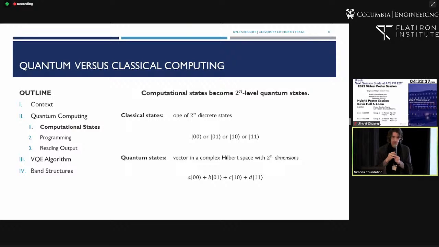And that is true, but it's also true of classical computing. 1 bit gives you 2 states, 2 gives you 4, 3 gives you 8, and so on. The distinction between classical and quantum computing is rather that the quantum computational state is a vector in that exponentially dimensioned Hilbert space. So it's forming a continuous space as opposed to the classical states, which are just these discrete values of 0 and 1.